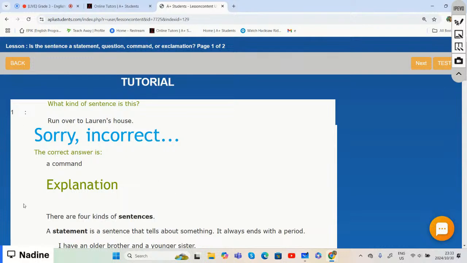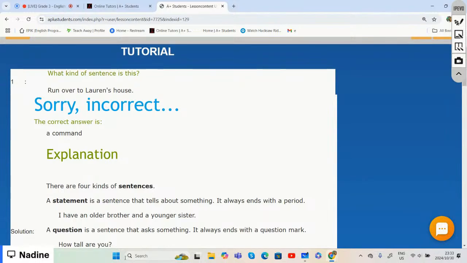All right. Before we even continue, if we look at that sentence, it says run over to Lauren's house. If somebody tells you to run over to Lauren's house, then it is them telling you to do something. It is a request that is being made.